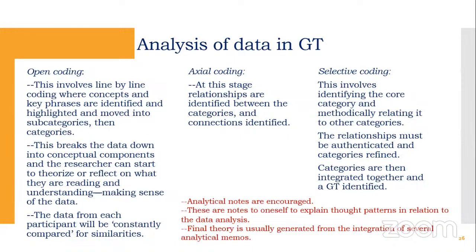We need to note here that this process is different from the process that we follow in thematic analysis, right? That we had discussed in the previous class. In thematic analysis also we use open coding, axial coding, selective coding, etc. But the process is different because there we develop themes on the basis of these codings, right?